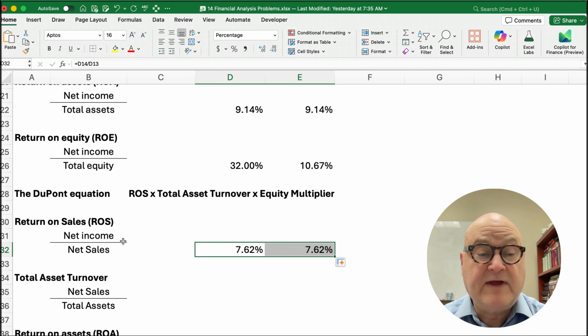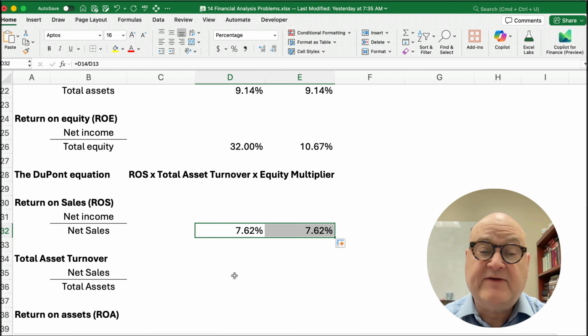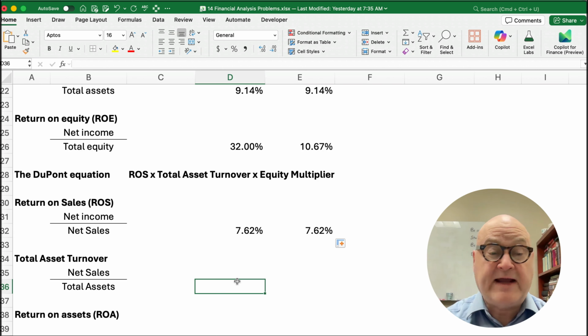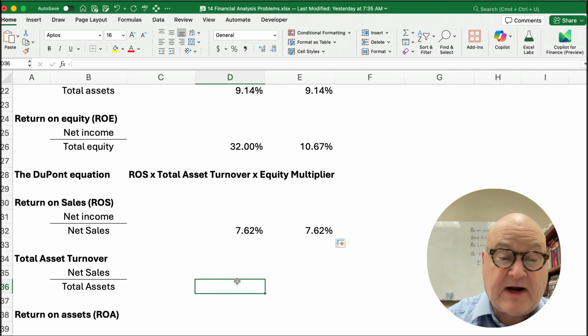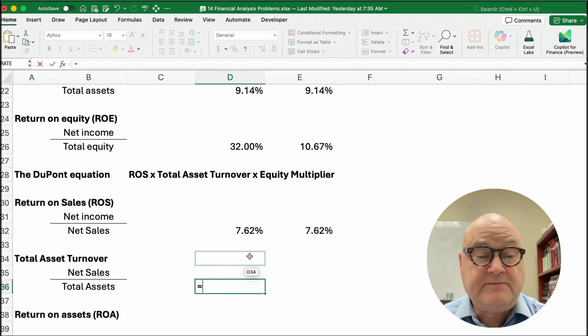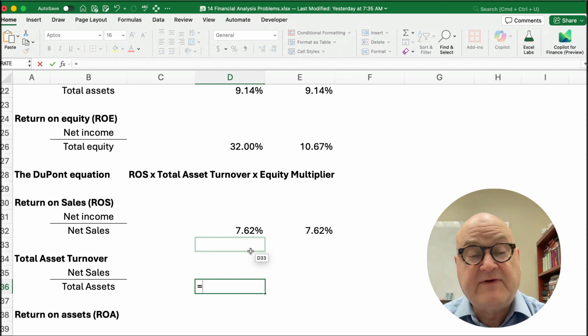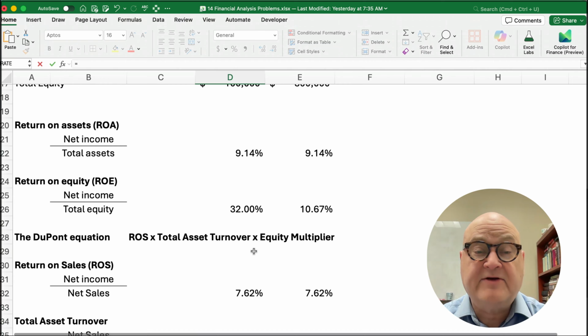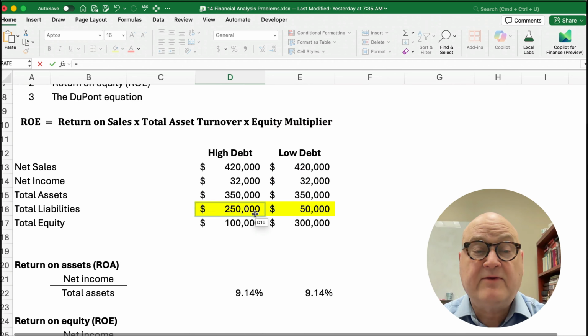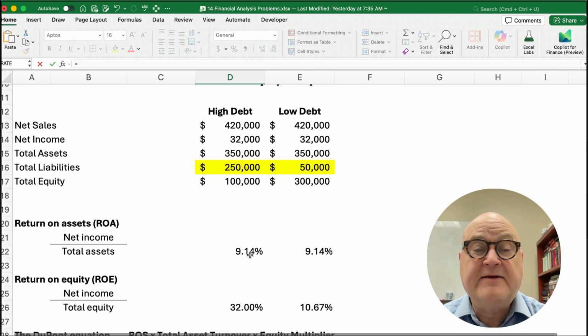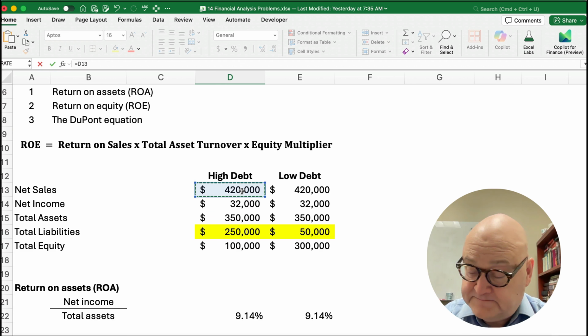And because we have the same net income and the same net sales, we're going to have the same return on sales. Now, total asset turnover is an efficiency or an activity ratio that says how effectively we are using assets to generate sales. So our net sales divided by your total assets is going to give us total asset turnover.